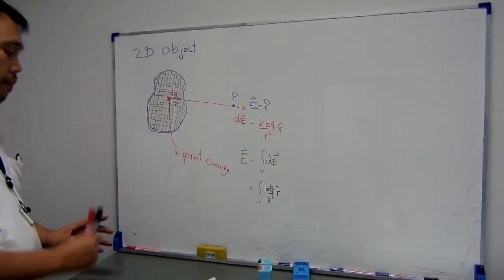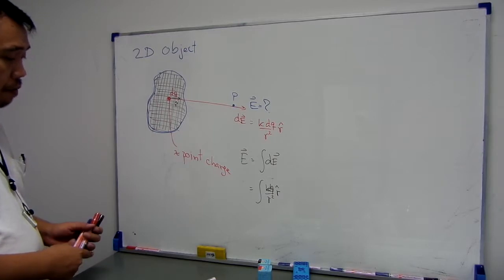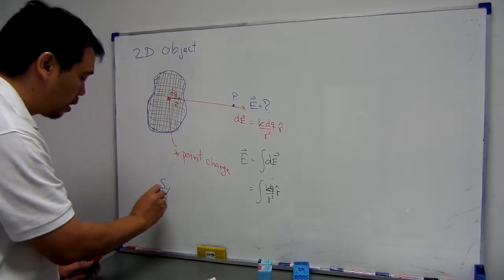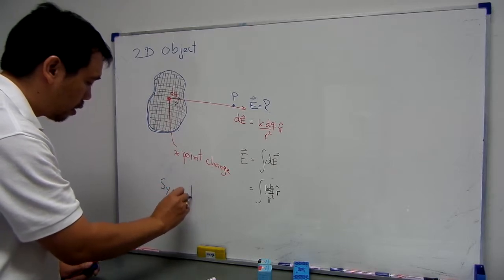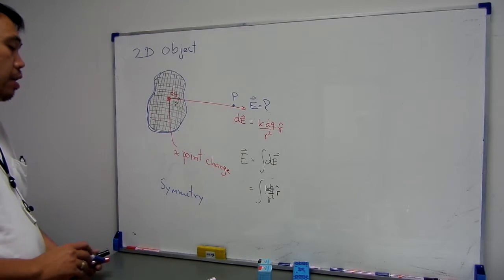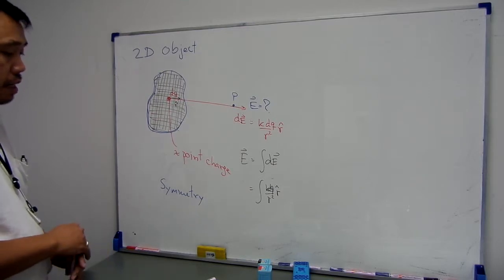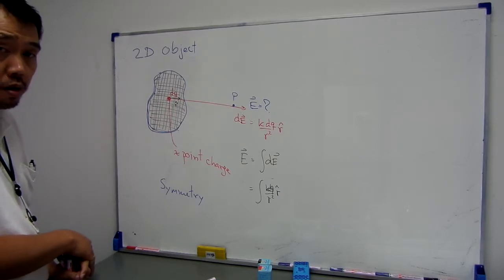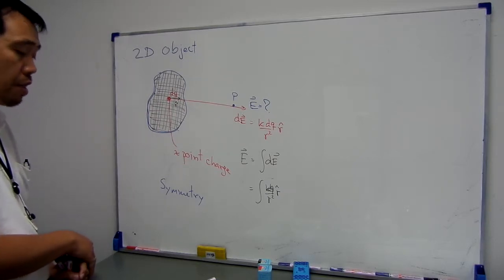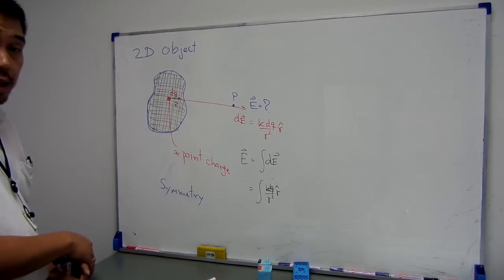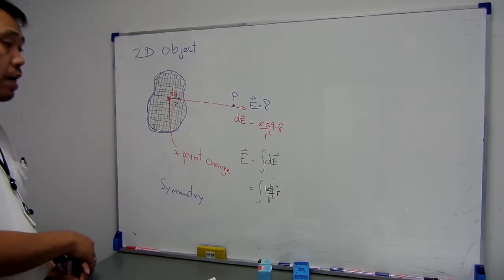Mainly, what we have to be concerned about is the symmetry of the object. If we use the right symmetry, the calculation will be simple, but if we use the wrong symmetry, the calculation can be extremely difficult.